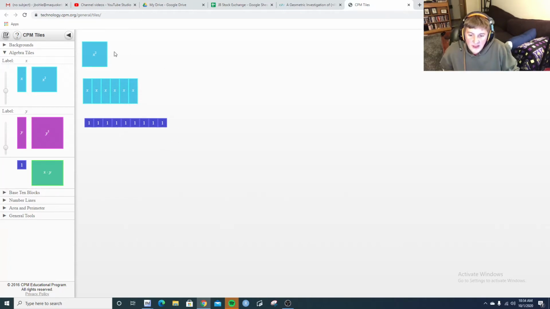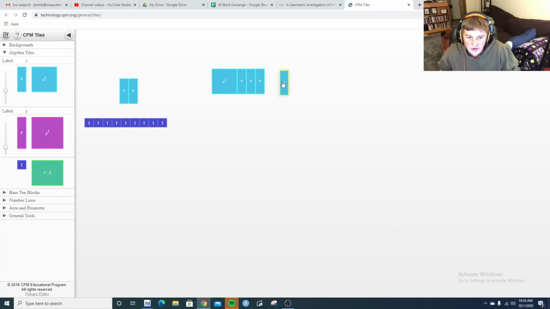And they want me to factor it. So we can just go ahead and find the same pattern where we're just trying to build a rectangle. So I'm going to try it like this and see if I can fill in my rectangle here.